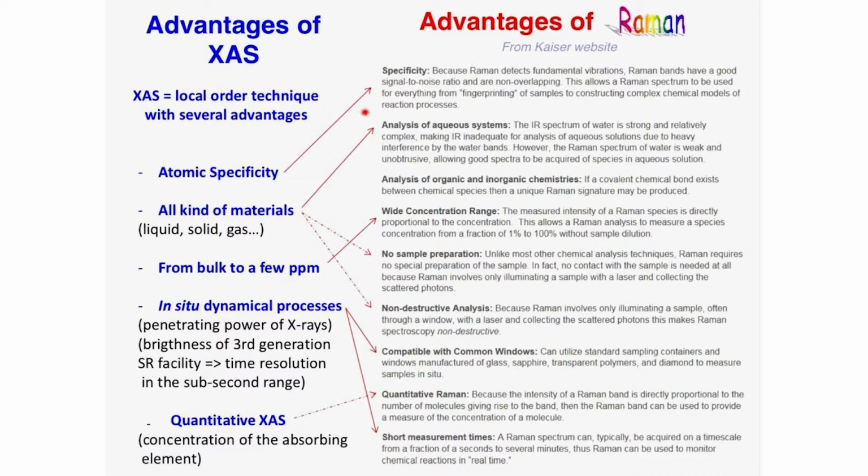These specificities are, of course, the atomic and bond specificity. These two techniques can be applied to all kinds of materials over a very wide concentration range. And on top of that, these two techniques can be used to characterize dynamical processes with a very high time framing.